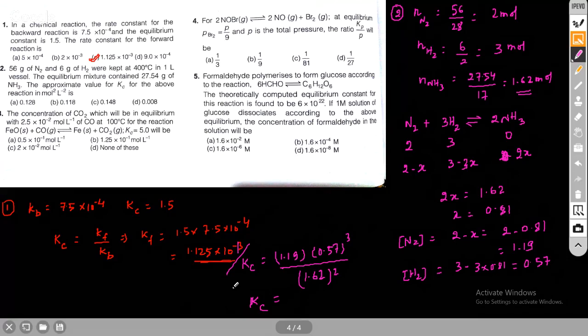Can you find it out? No, not temperature. The equilibrium constant that we calculate, there we make some mistake.